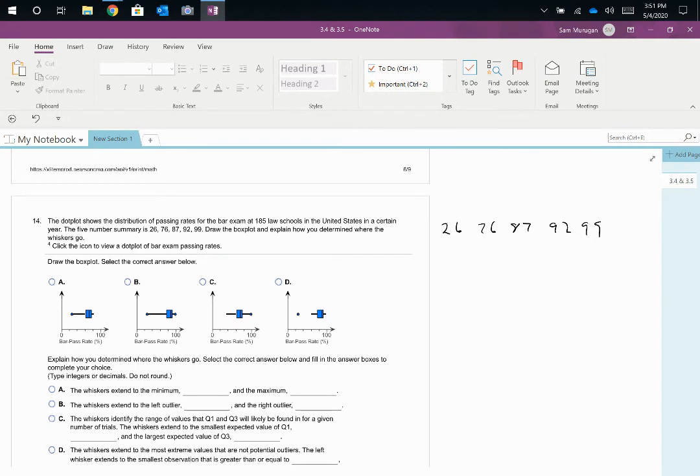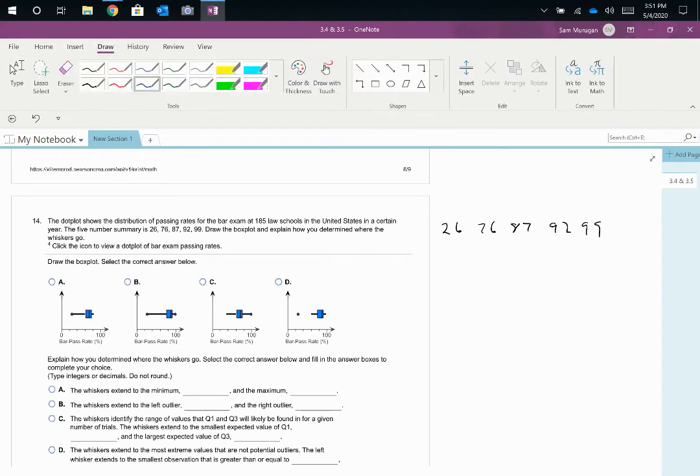So let's kind of label them. Can we do that? This is the minimum. This is Q1. This is the median. This is Q3. And this is the maximum.